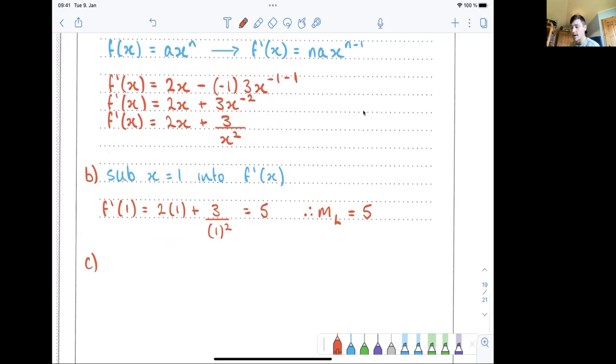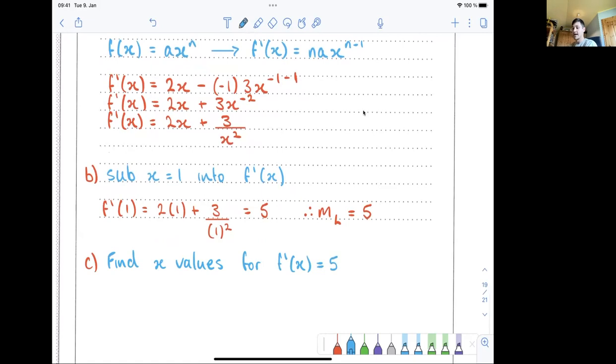That was a bit of a roundabout way of saying it, but we need to find the x values for which f dash x is equal to 5.